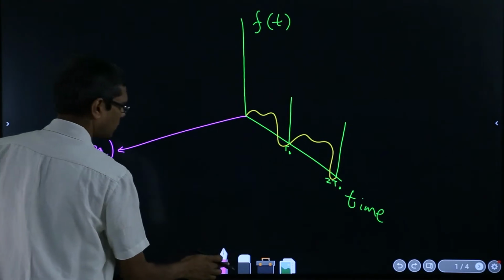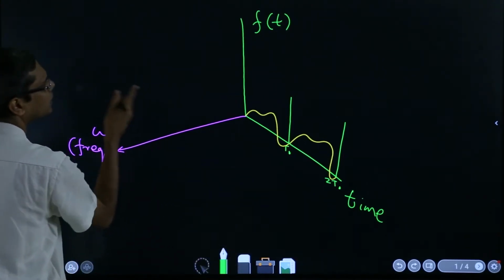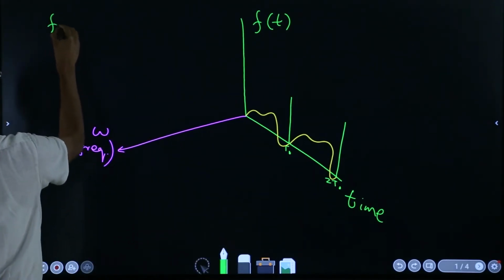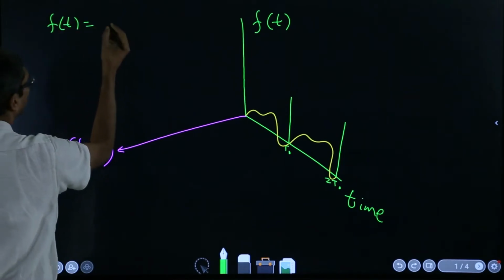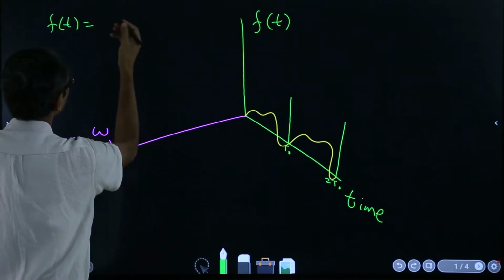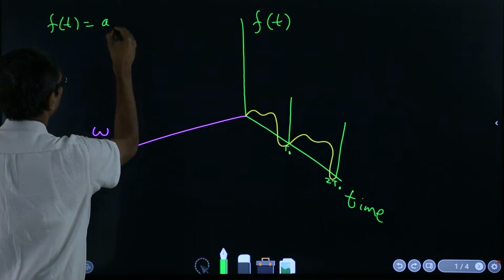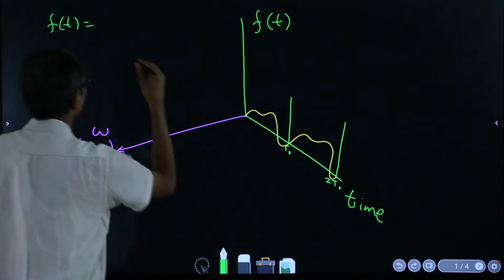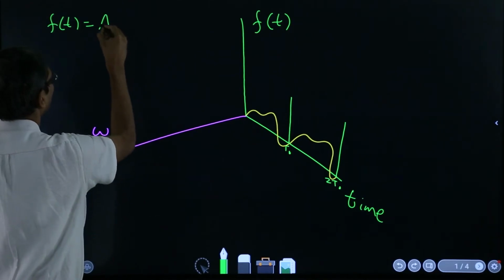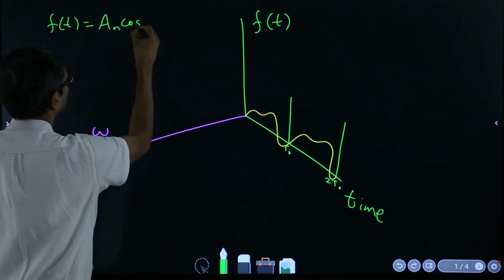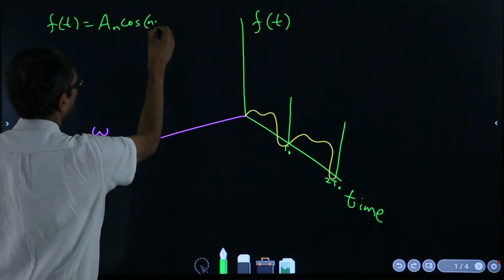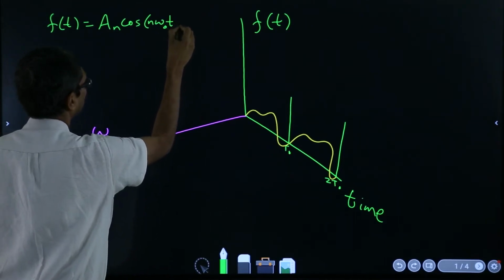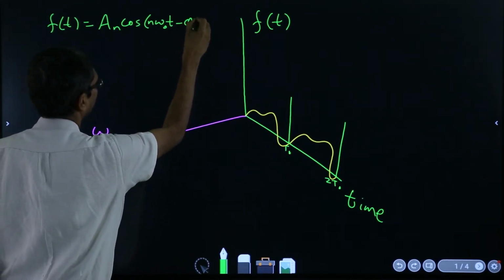Let me also write the Fourier series expansion for this f of t. I will write the other form, now that you are comfortable with all the forms: cosine of n omega naught t minus phi n.